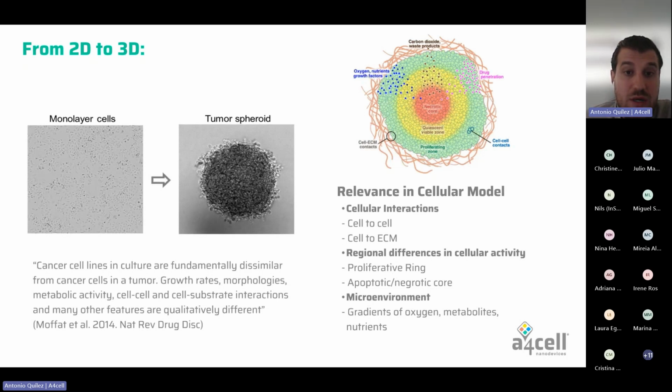So that makes the microenvironment different at the different sides, because there are gradients that happen in terms of oxygen penetration, metabolites, diffusion, nutrients, etc. And that's why we can have different responses when studying our model.